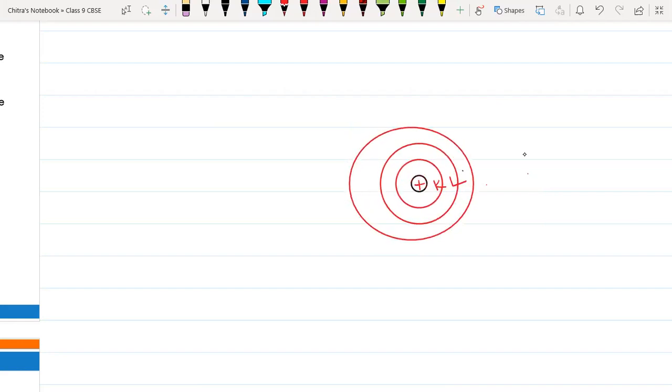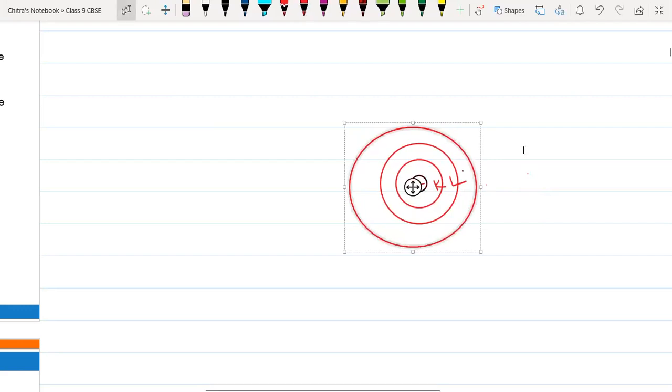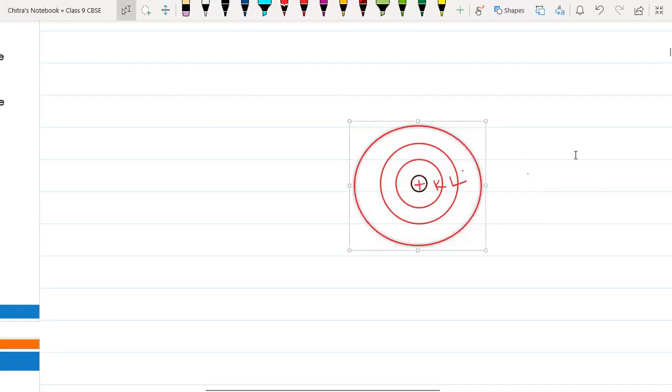After K, we have the L shell, with 8 electrons. Then we have the M shell, which holds 18 electrons.